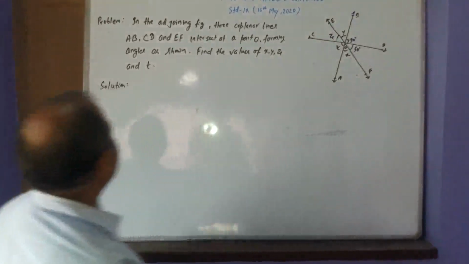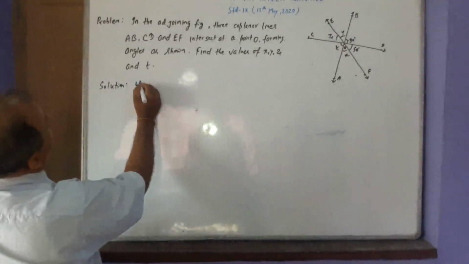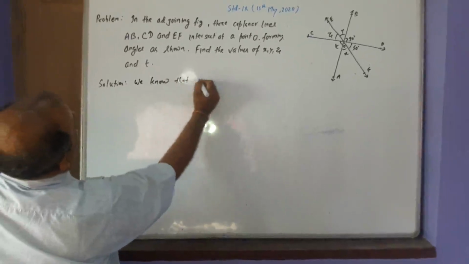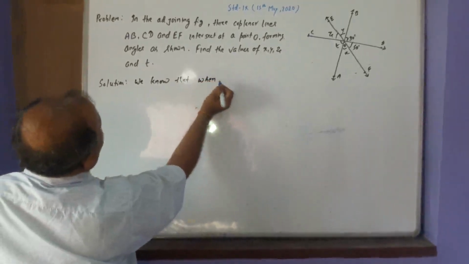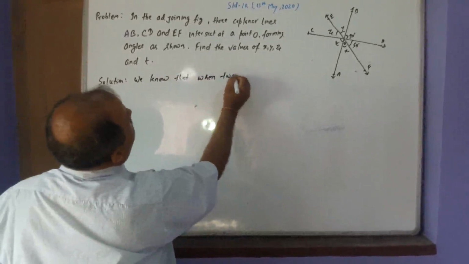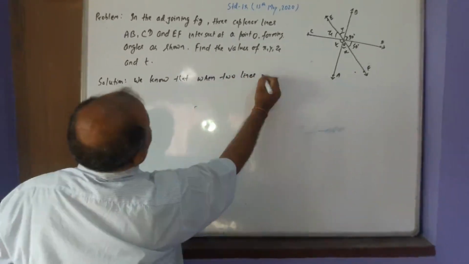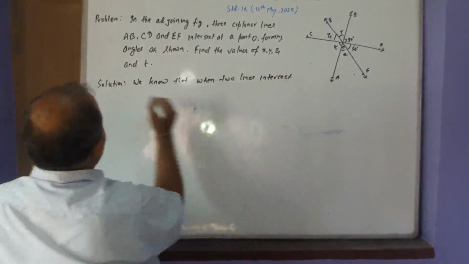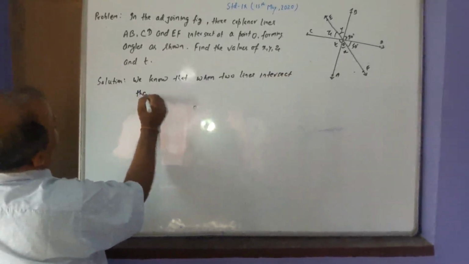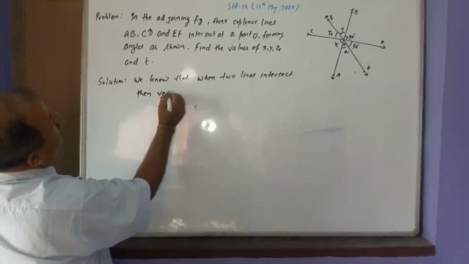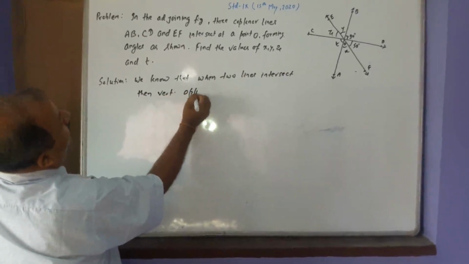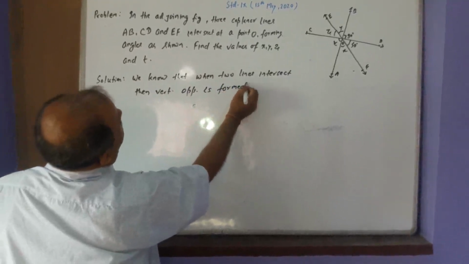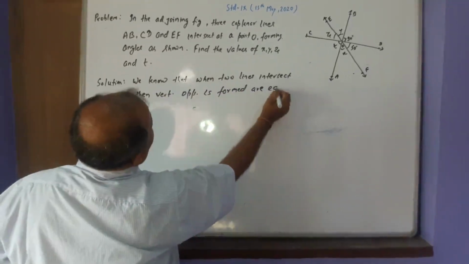In the solution, we know that when two lines intersect, then vertically opposite angles formed are equal.